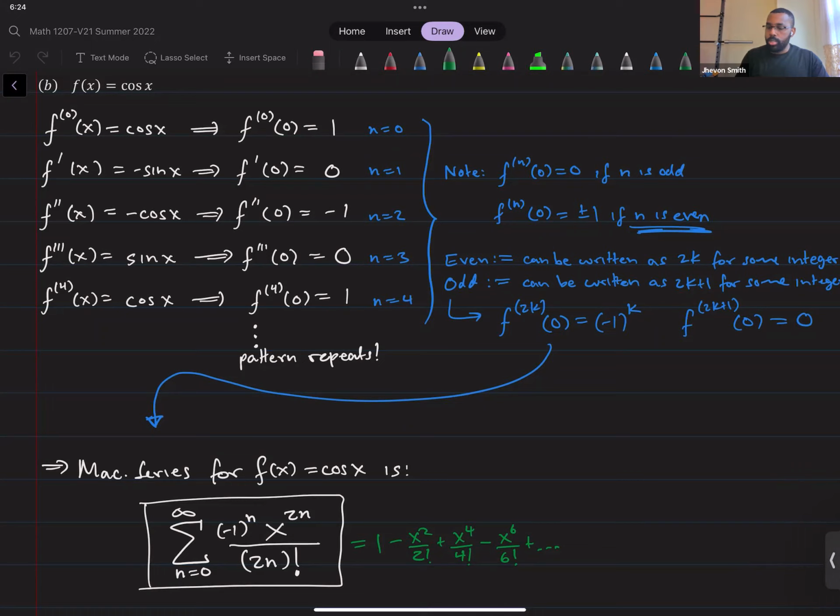Why would you need that over 2? Because, I mean, if you replace the -1 to the n with cosine of pi n, that would do it automatically. I didn't want to skip the 90 and 270 degree cosines, the zeros essentially.